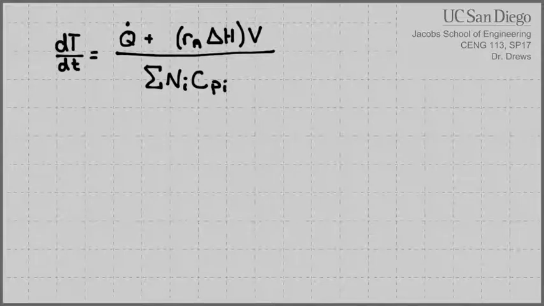We saw a couple variations on this. One of them was we replaced some stuff on the bottom with the conversion X, which is a useful form if you've only got a single component, because we're typically interested in the conversion of a single component. If you have a system of more than one reaction going on, there's not really a good way to simplify this any further, because then you would need conversions of multiple species.